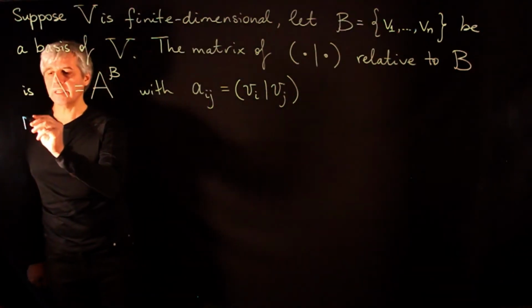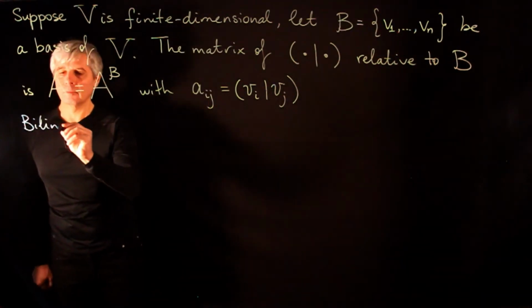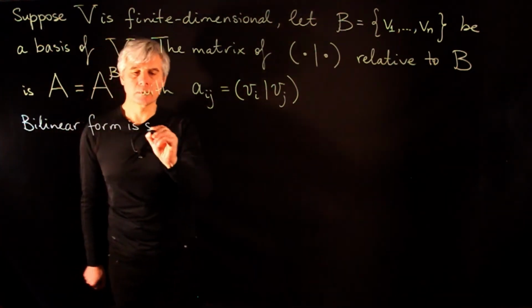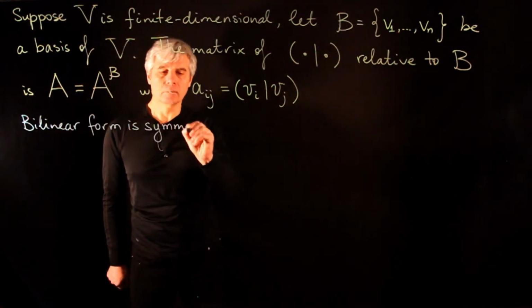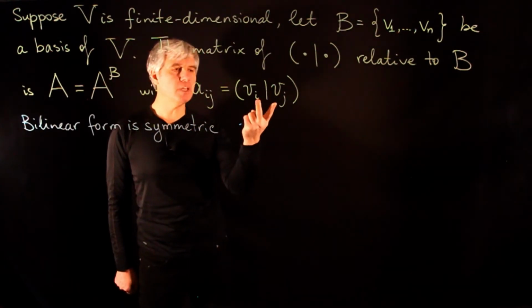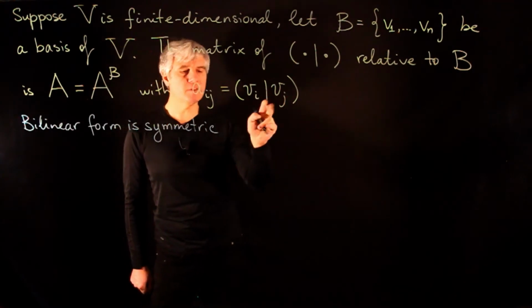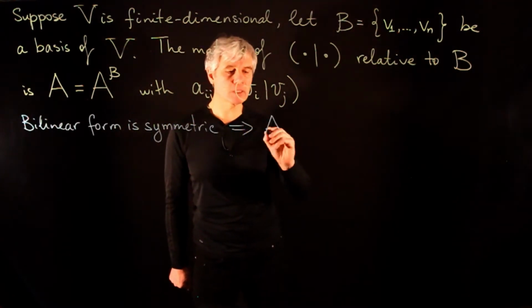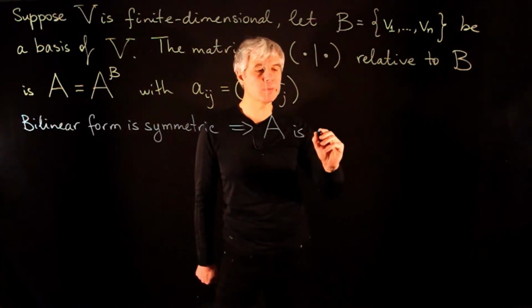Since our bilinear form is symmetric, and in particular the value of vj, vi is equal to the value of vi, vj, this implies that its matrix is also symmetric.